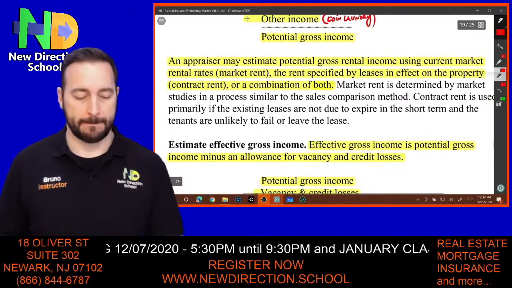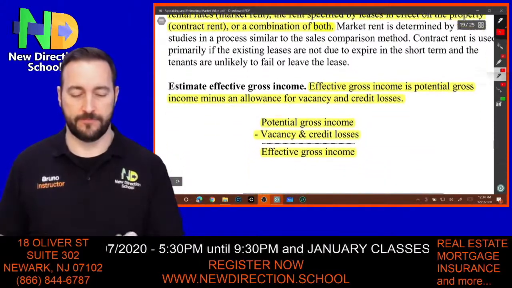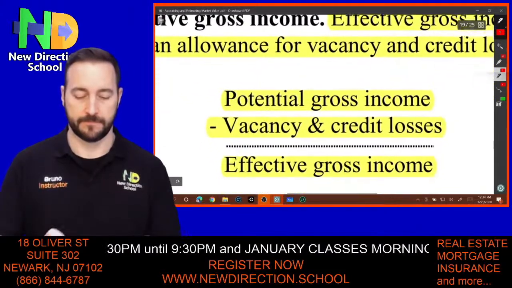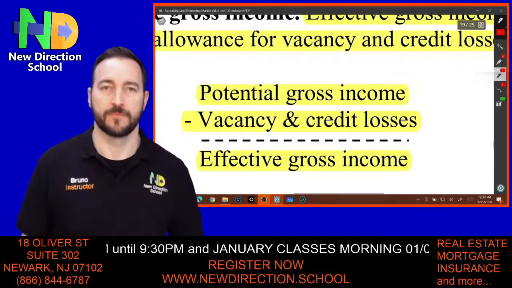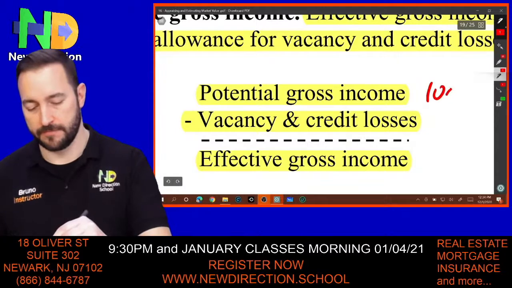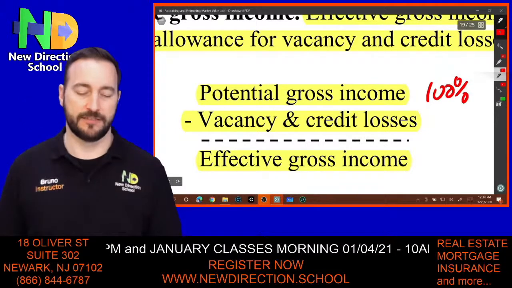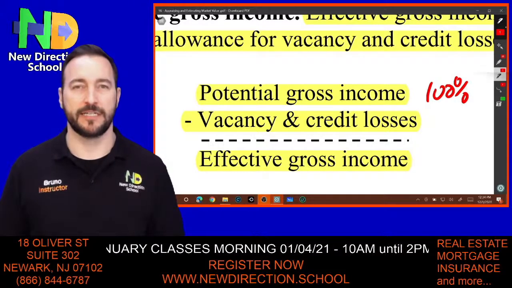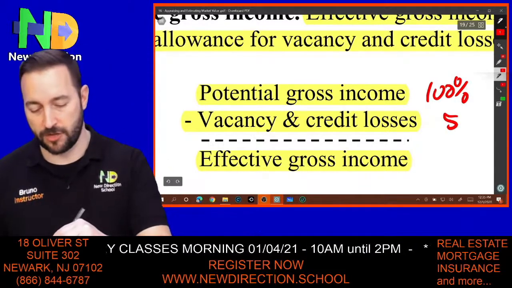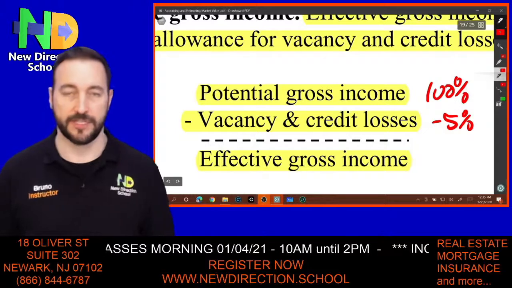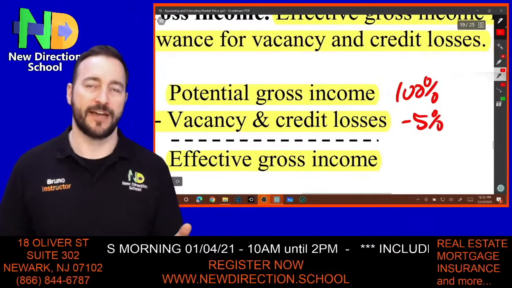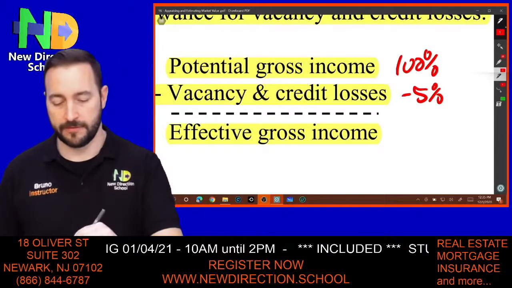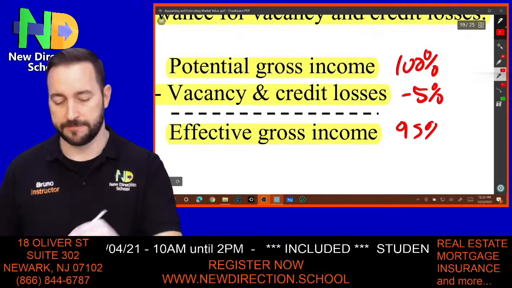Now, the next thing is to reach the effective gross income. Again, we have the 100%, minus the estimate. Let's say in the area, for the type of property that it is, we estimate a 5% loss. So minus 5%. That means the effective gross income, which is what we can expect to receive from the property, is 95%.